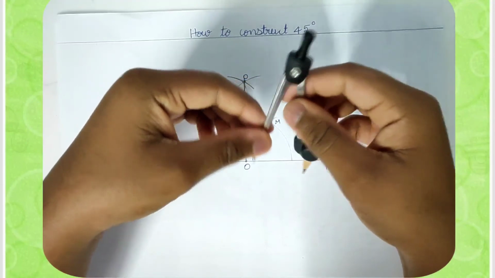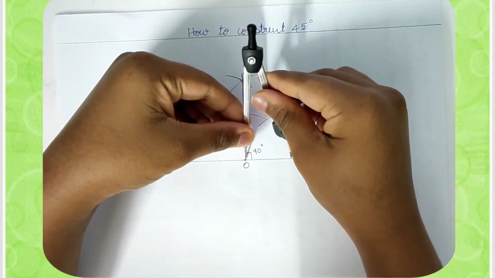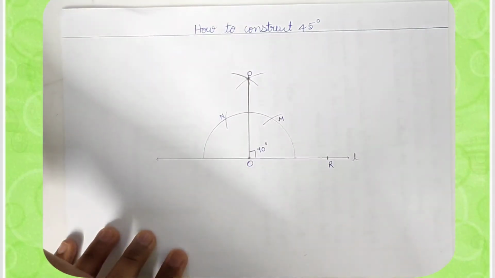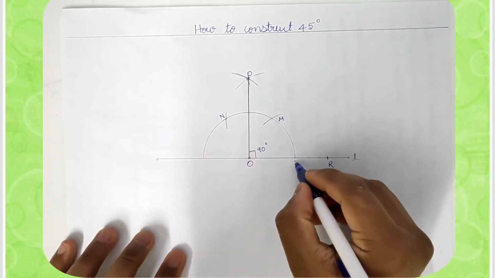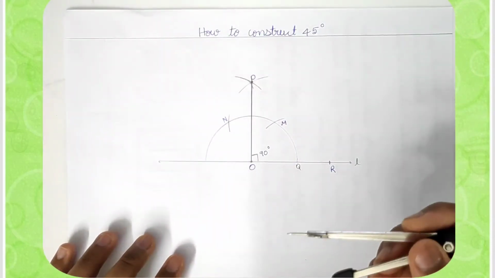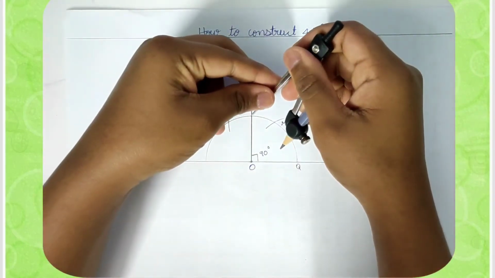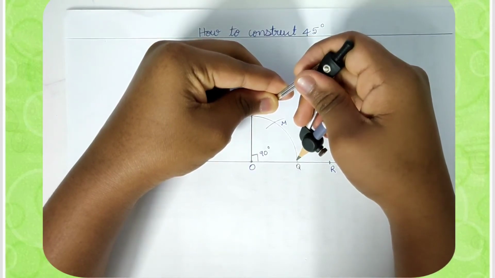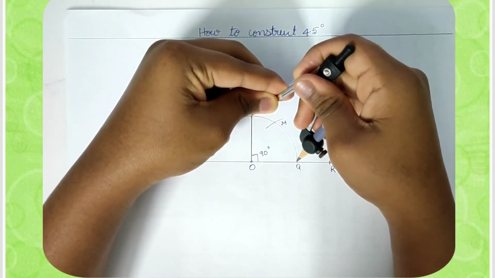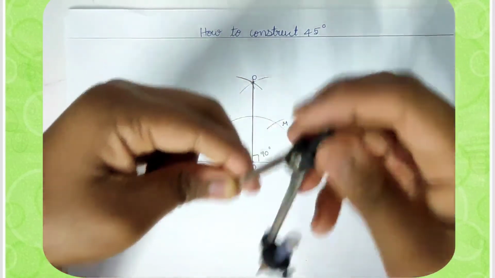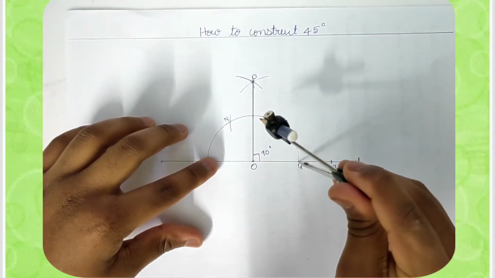By keeping the measurement of compass from A to the first intersection, taking the distance of compass as OQ, or the point where the perpendicular and the arc meets, to Q. Let us take that measurement.